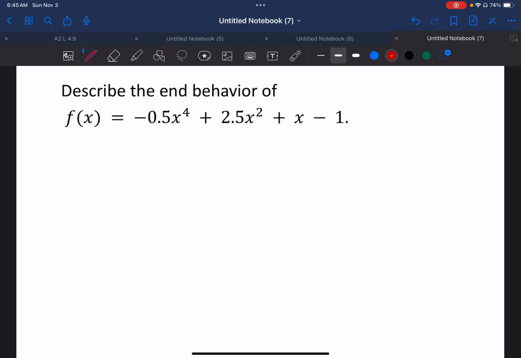Okay, so here is a function. We're going to go ahead and describe the end behavior of this function. If we look at this degree, I know that it's an even number. It doesn't matter that it's 4. You can write 4 if you want, but really we just need to know if it's even or odd. The leading coefficient is negative, so I know that graph is opening downwards.